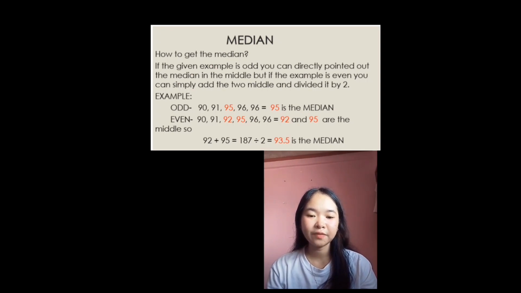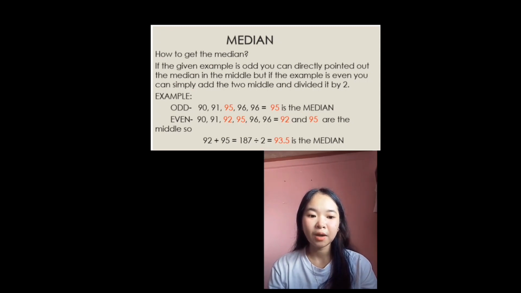But if the given example is even, we simply add the two middle numbers and divide by 2. Just for example, we have 90, 91, 92, 95, 96, and 96.